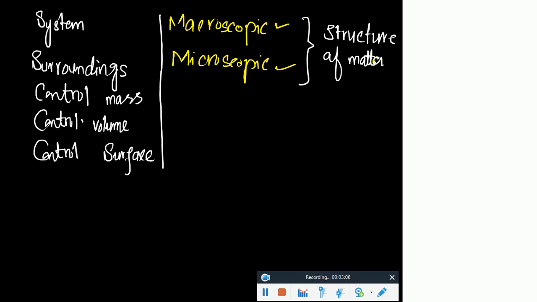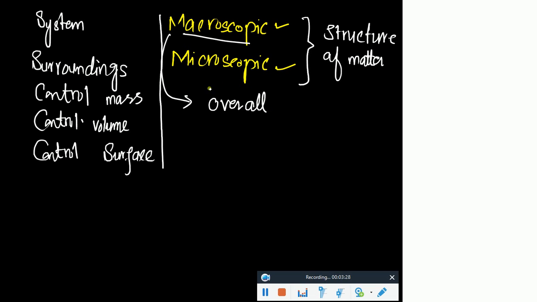Structure of matter means molecular structure, how atoms are interrelated with each other and all that. But if you do not consider the structure of matter, it means you are talking about macroscopic property, and this macroscopic property or behavior gives you the overall behavior of the system without considering the molecular structure.